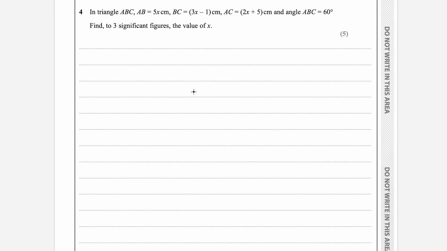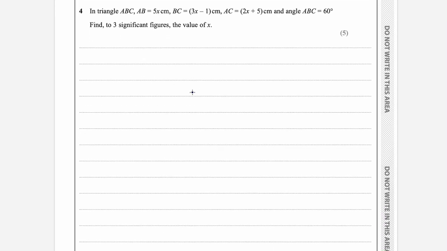Question 4. In triangle ABC, AB is 5x, BC is this, AC is this, and angle ABC is 60. Okay, so we have angle A, B, this is the 60-degree angle, guys. So ABC, let's make that 60 degrees.